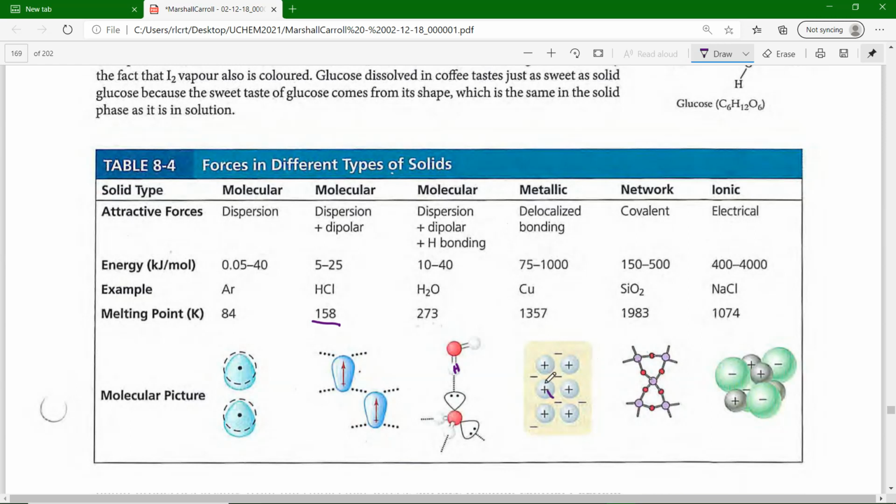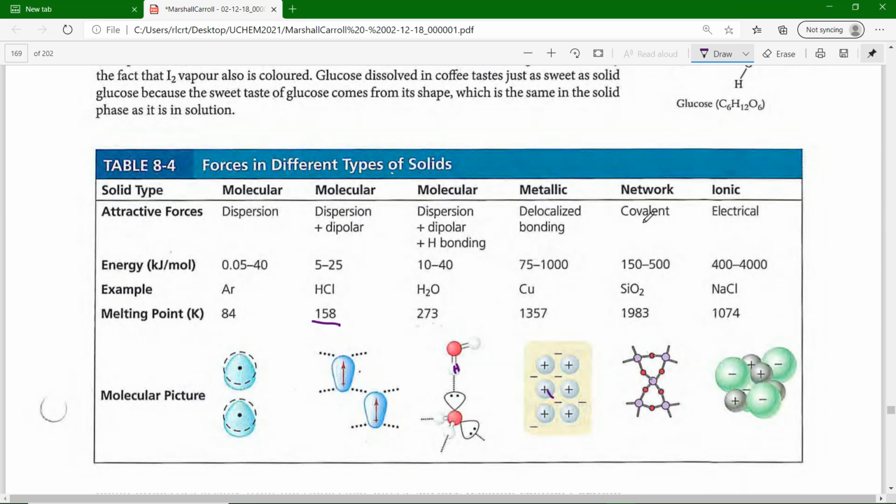The electrons are delocalized through the whole system, and that is really strong bonding. And something like copper, if you want to melt copper, you've got to crank in lots of energy. The temperature is reflective of that, 1357 Kelvin.